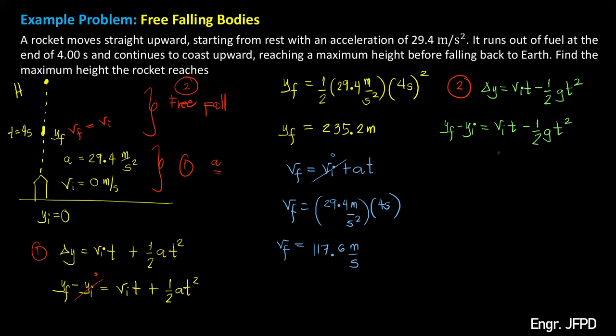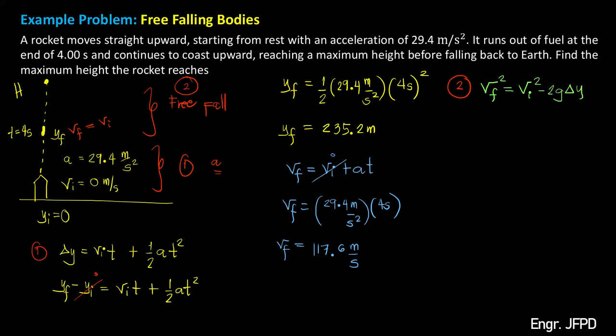But take note, if we will use this equation, we need to find the value of the time for the rocket to reach the maximum height. And I suggest instead of using this equation, let's use the formula VF squared is equal to VI squared minus 2G delta Y.